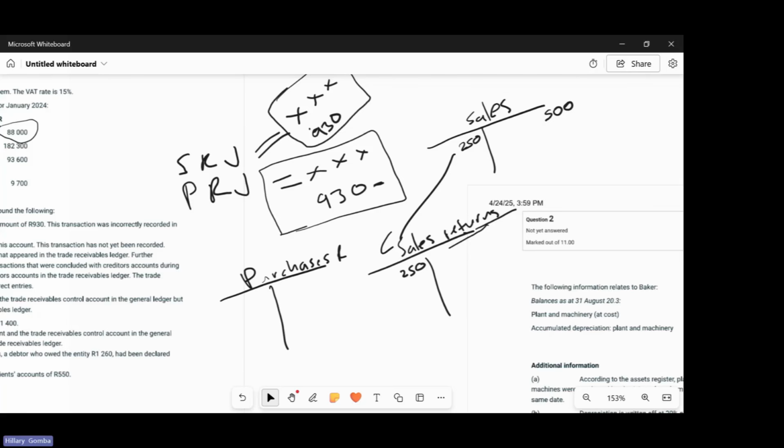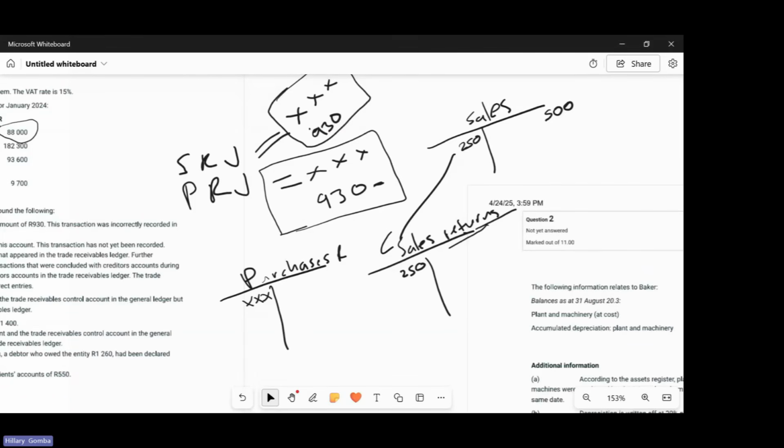Yes. So instead of our accountant recording these 250 returns in the sales returns journal, they mistakenly recorded it in the purchases returns. Purchases is us buying from another supplier or business on credit. But here it's not us buying, it's a client that bought from us that we need to adjust the transaction for.